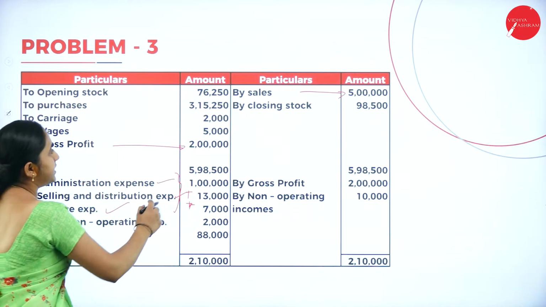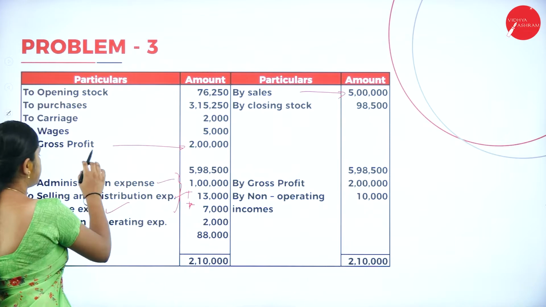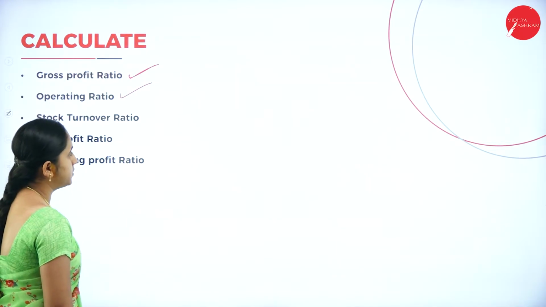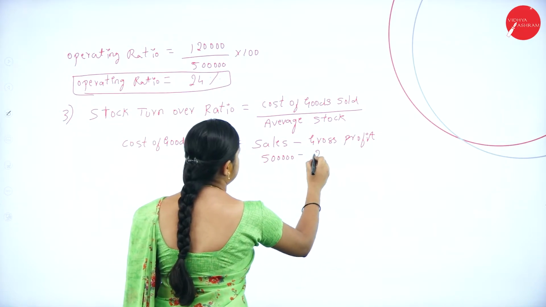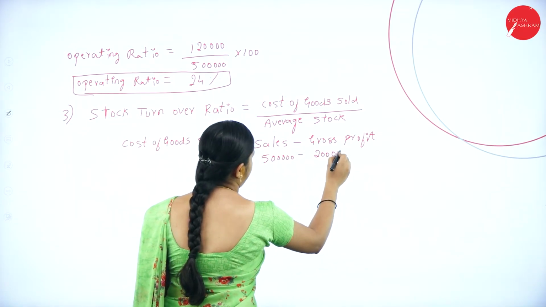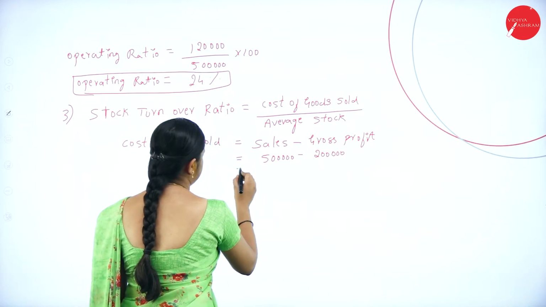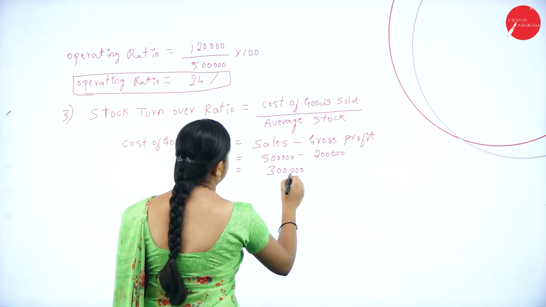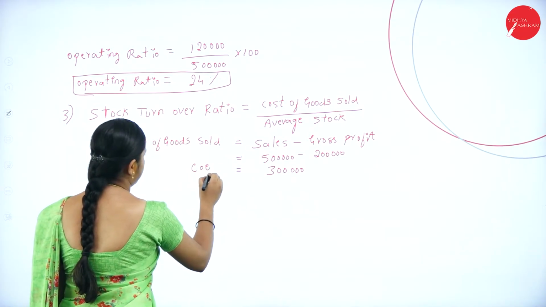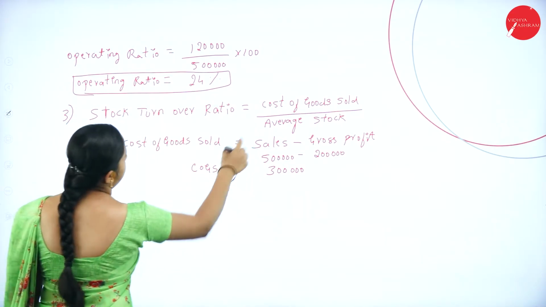Here sales is 5 lakh, gross profit 2 lakh. So 5 lakh minus 2 lakh, 3 lakh is the cost of goods sold.